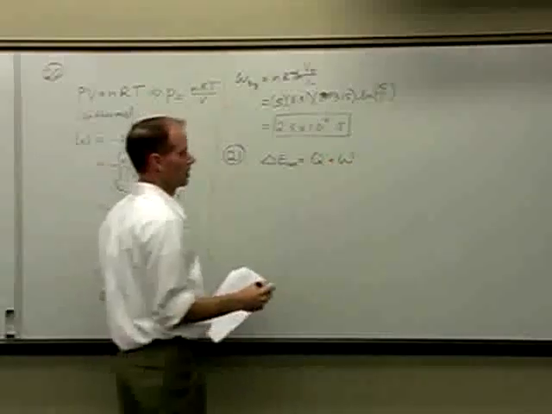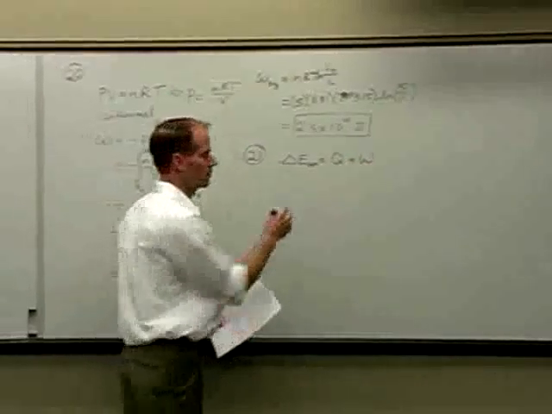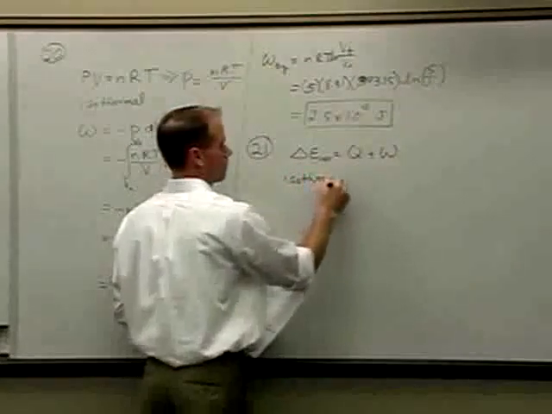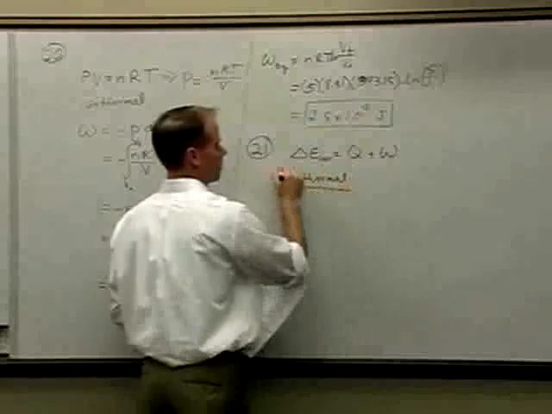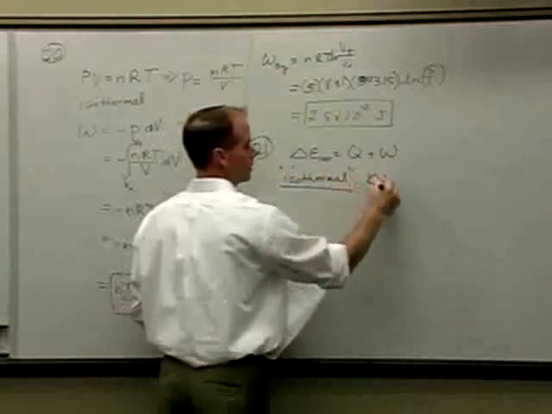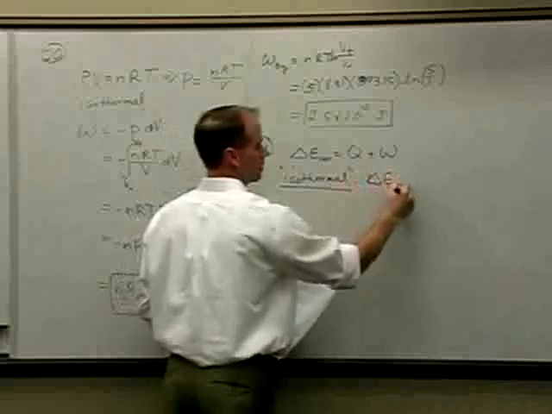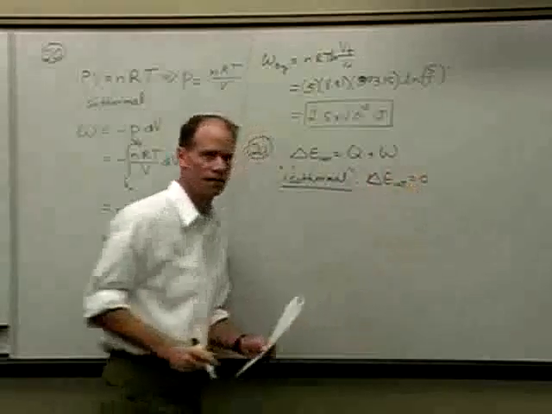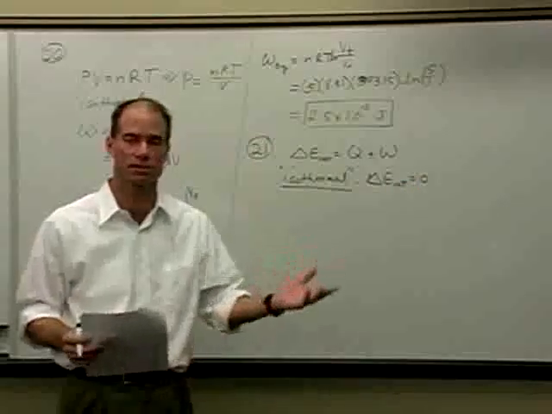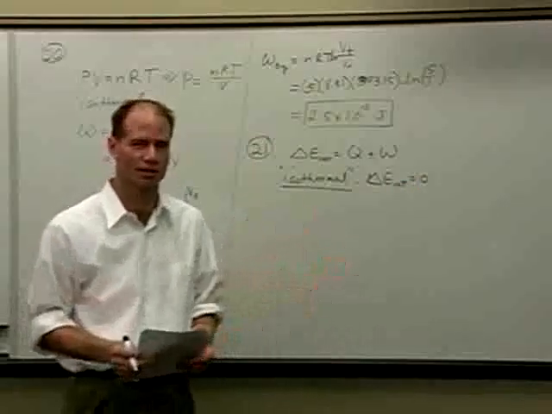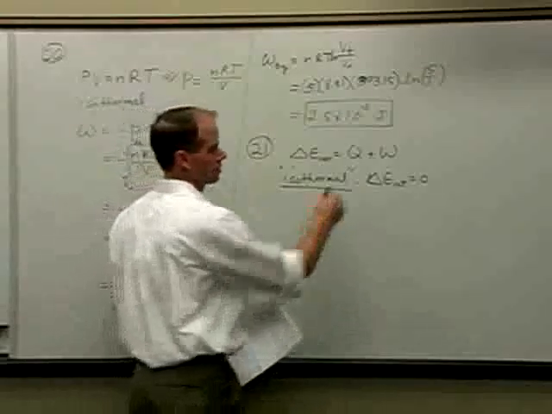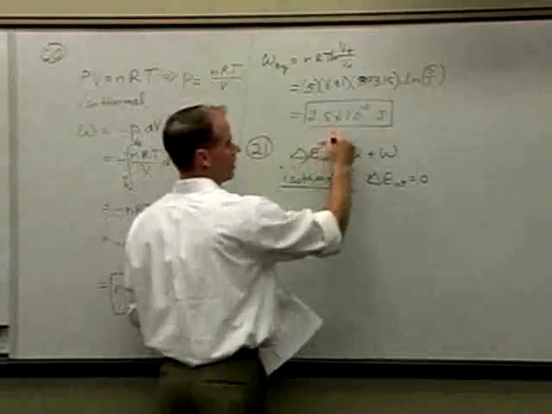But since it's isothermal, the change in internal energy is 0, because the internal energy is proportional to the temperature. So if the temperature doesn't change, your internal energy will be constant, so your change will be 0.